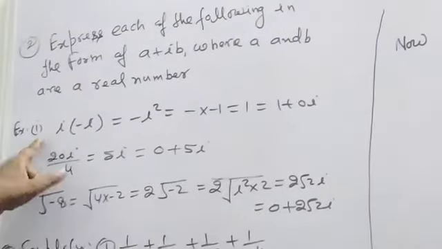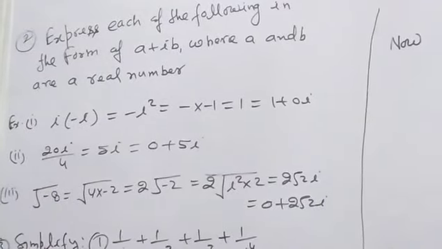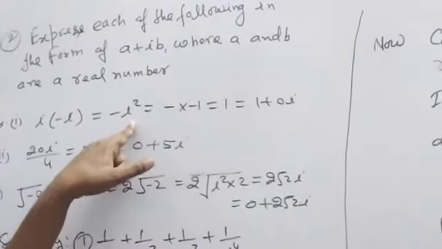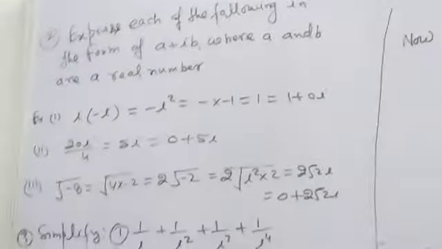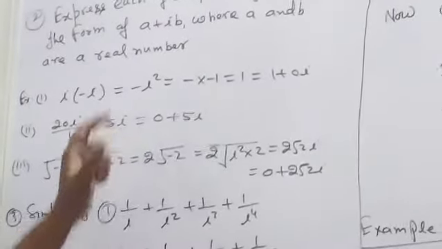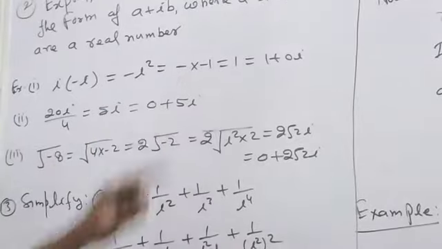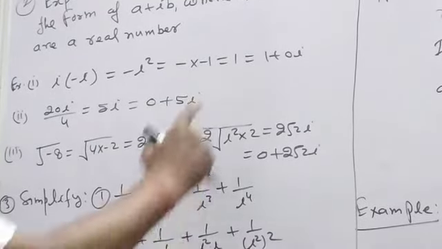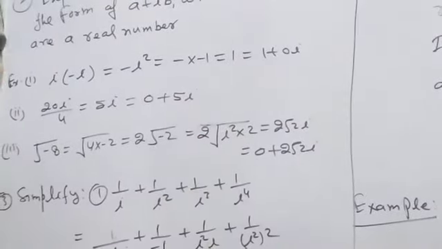Then example number 1, i into minus i is equal to minus i square. Now we know i square is equal to minus 1. Then minus i square is equal to minus 1 into minus 1 is equal to plus 1 is equal to 1 plus 0i.